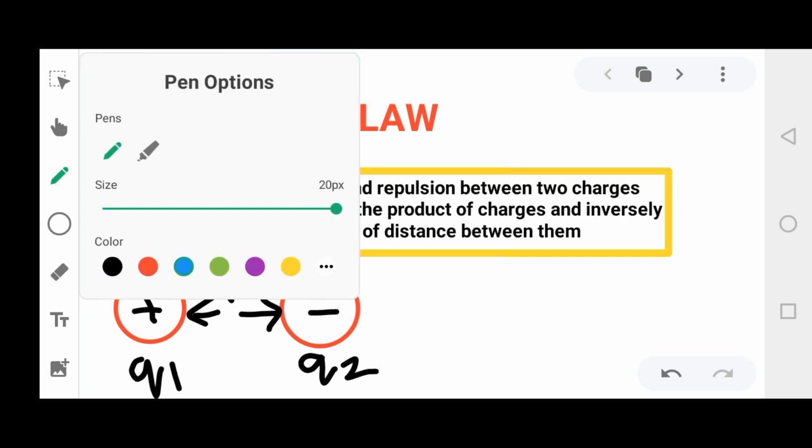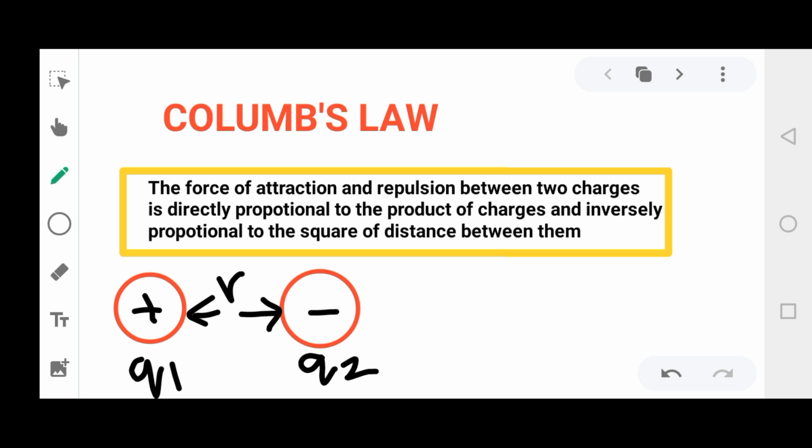So this positive charge will attract this negative charge towards itself by a force F. If there were a positive charge, there would be a repulsion. In this case we are taking the force of attraction.